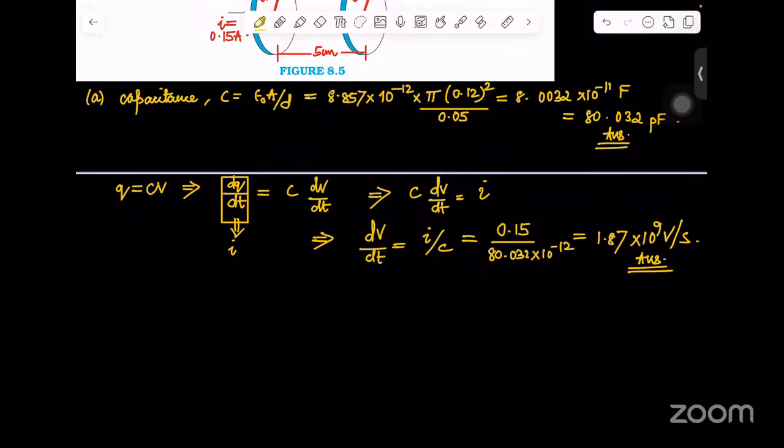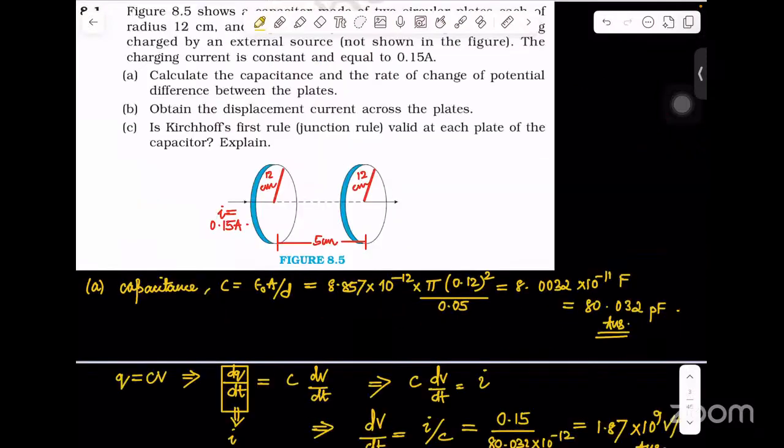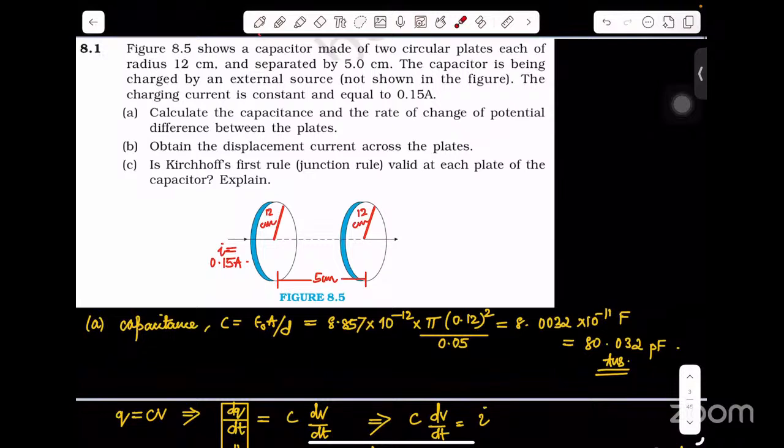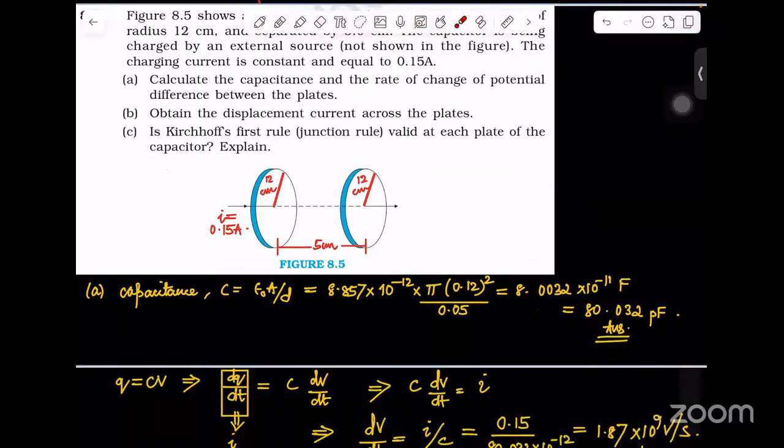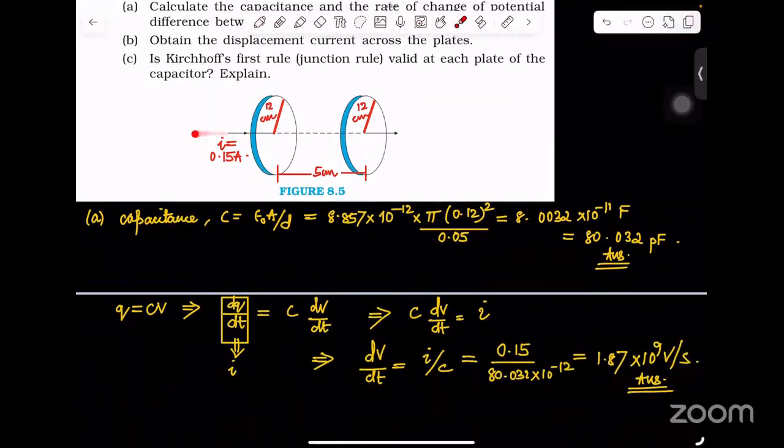Next, let's read out the second bit. Obtain the displacement current across the plates. This is a fact which you should know, that the displacement current across the plates is actually the same as the conduction current, that is the current which is coming in and going out through here.